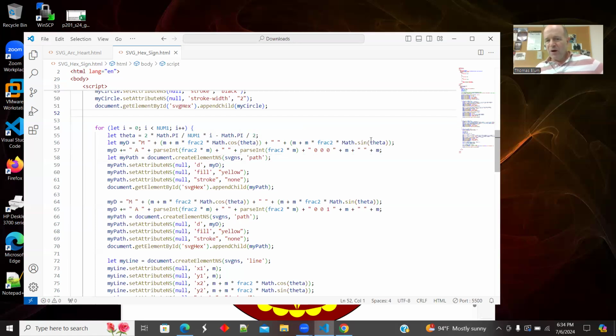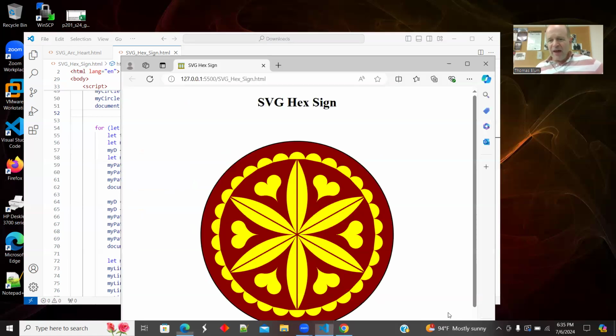And then for my y, the same thing, but sine instead of cosine. So that is a starting point. So that is a point on the outer edge of the inner circle. Okay. So say I'm like here.